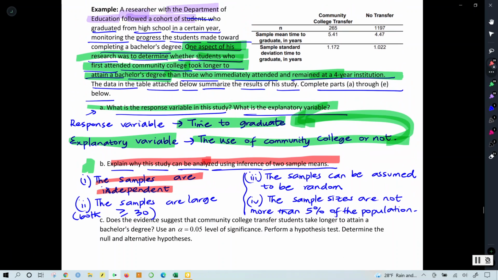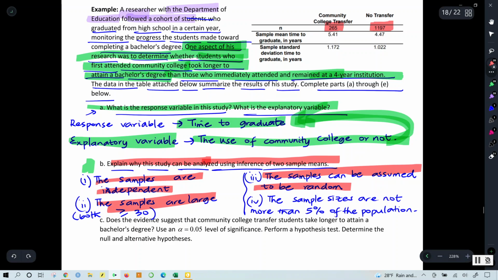Those who used the community college have no connection with those who do not use community college. Two, the sample sizes are large. You can see 267 and 1197. Three, the samples can be assumed to be random. And fourth, the sample sizes are not more than 5% of the entire population in the United States, or even all over the world.